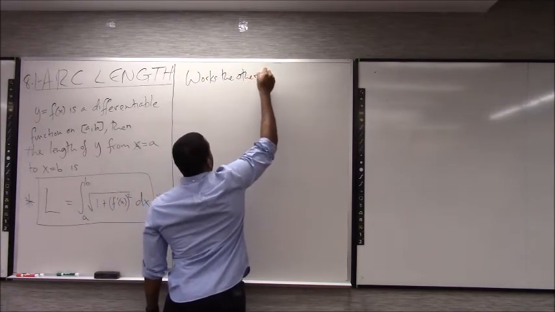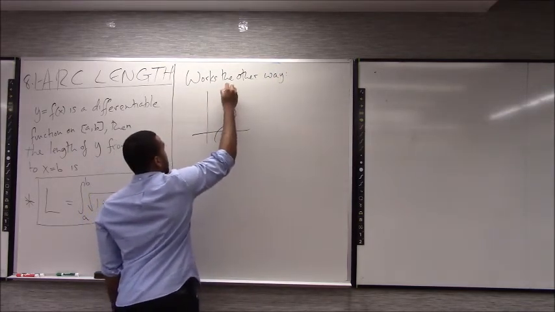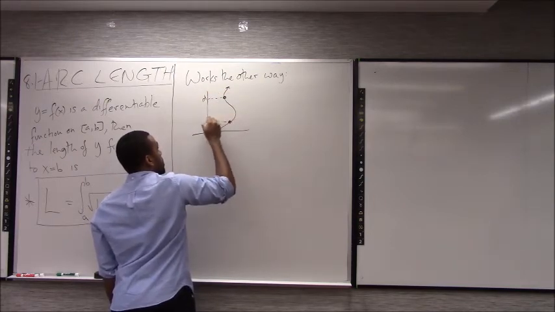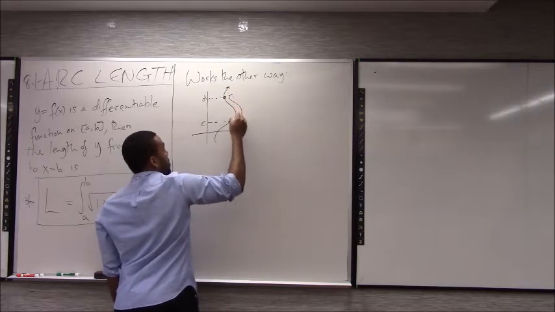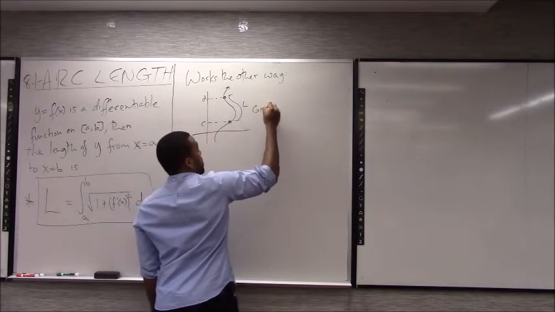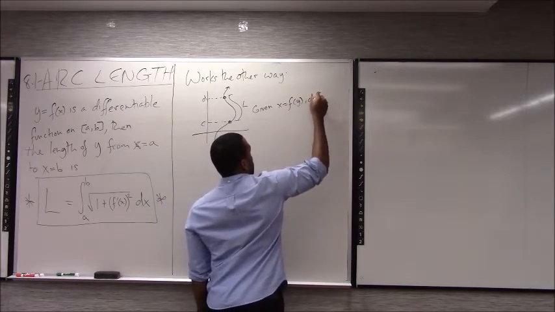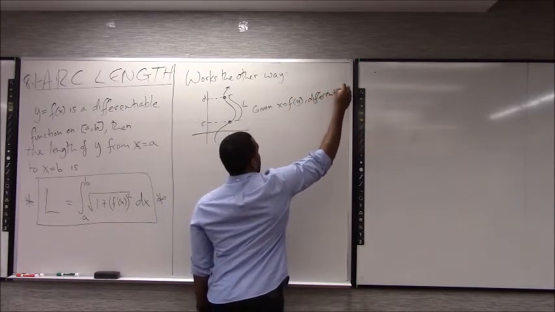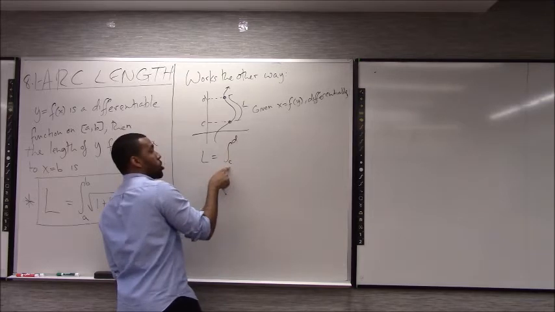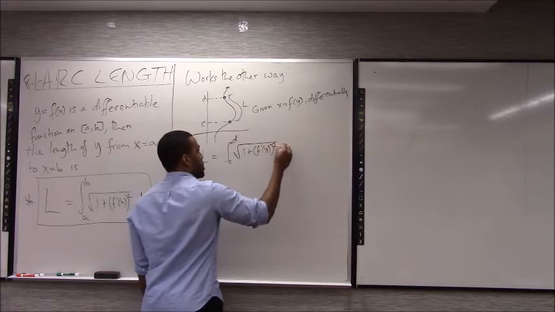So if you want to figure out the length between c and d, given x equals some function of y and is differentiable, then you can say L is equal to the integral from c up to d, from the lower y bound to the upper y bound, of the square root of 1 plus f prime of y squared dy.